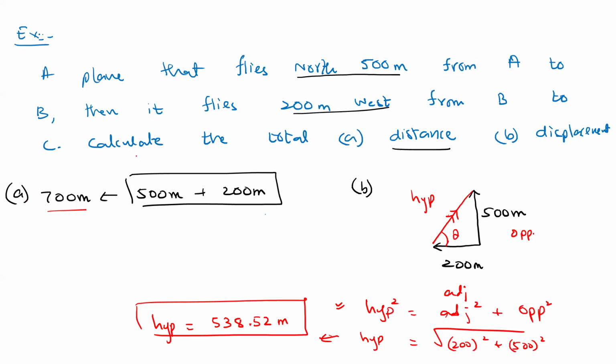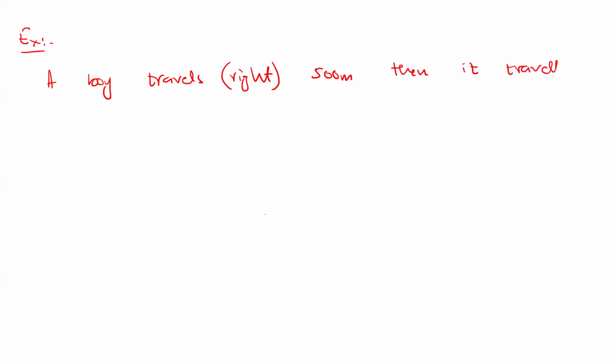That's nice. Good job. So what if we have something like this? Let's say a boy travels right. I'm intentionally writing right because direction can be specified by anything, right? 500 meters, then he travels left 300 meters.